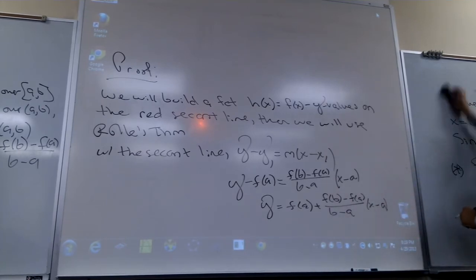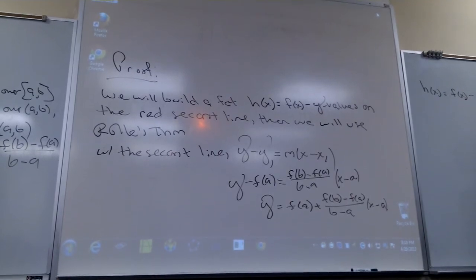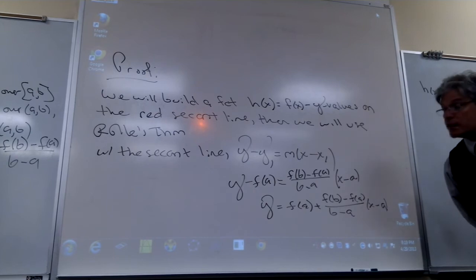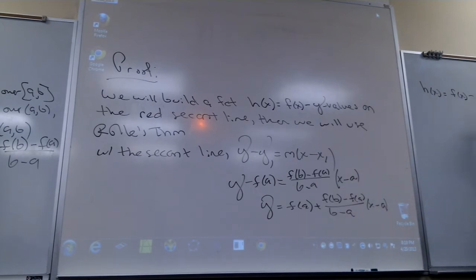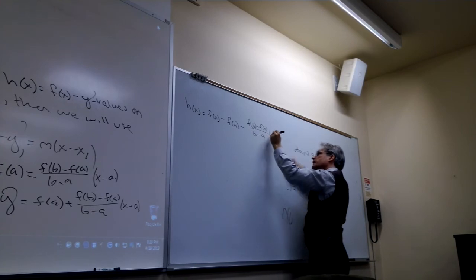In that being the case, I think the output for my function h is going to be nothing more than f of x minus the y values of my tangent line, excuse me, I said tangent line, I meant the y values of my red secant line, which are nothing more than f of a plus my fraction times x minus a.